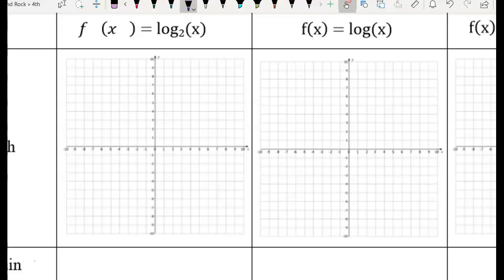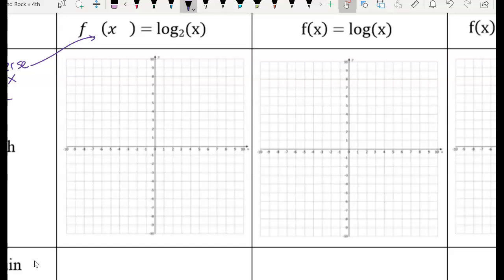So either you can graph log base 2 of x immediately, or you can graph the inverse of this, which is 2 to the power of x. So just know that you can, on your graph, quickly sketch this and then just flip all of the points.